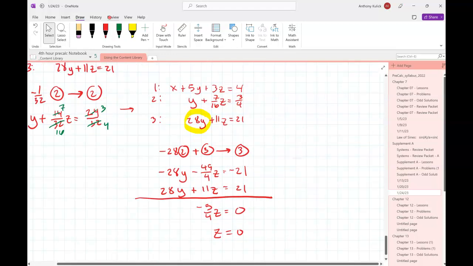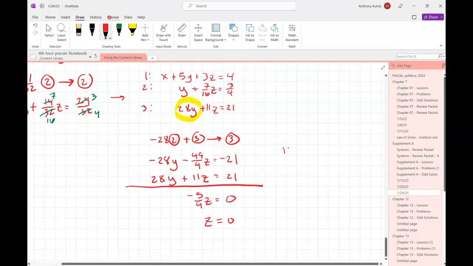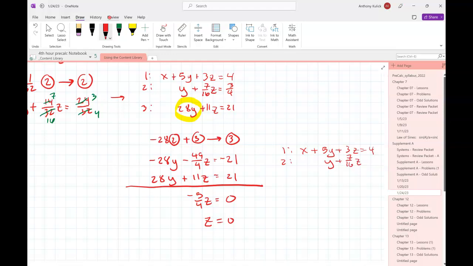So that's everything I needed. Now, my triangular system is this.